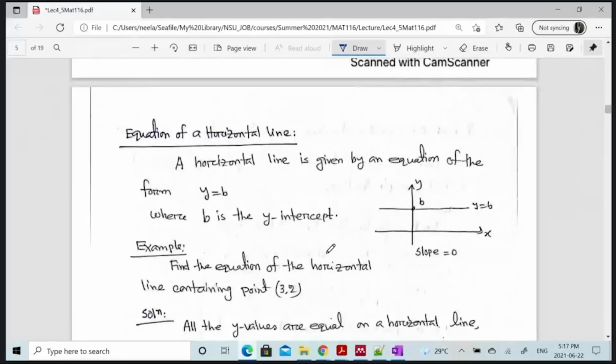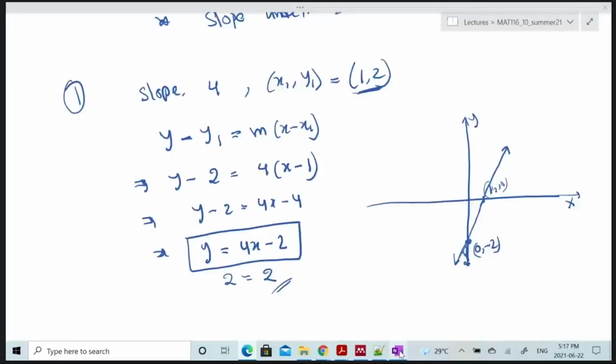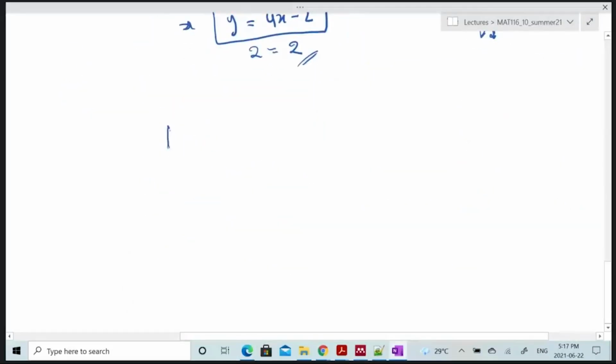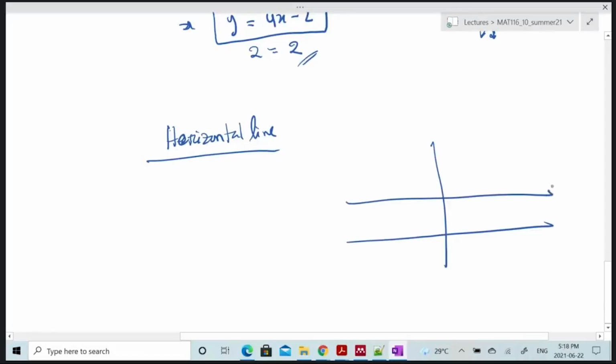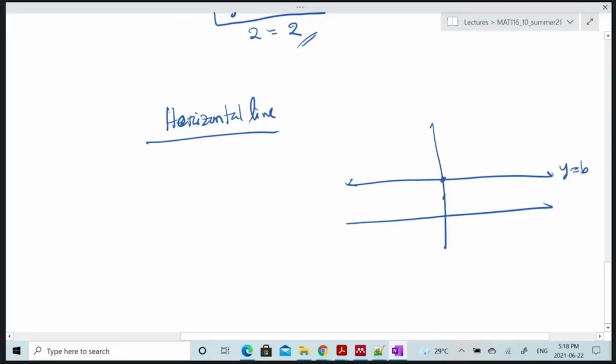So we saw the vertical line. So we also should know what is the horizontal line. This is the graph of the equation of a horizontal line, and we say y equal to b. Sorry, this is (0, b), which is the y-intercept.